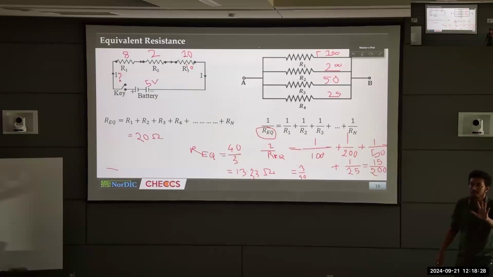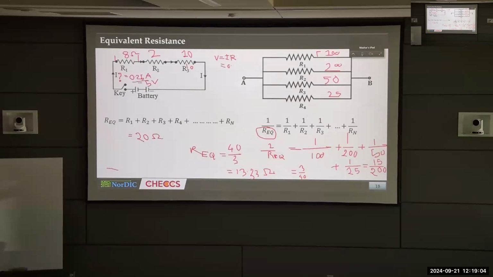Did you get it? Let me actually draw it down for you. So the total current that comes here is around 0.25 amps. Now, what is the voltage difference between this node and this node? What is the resistance? 8 ohms. The voltage difference is equal to the current flowing into the resistance, which we calculated as 0.25.